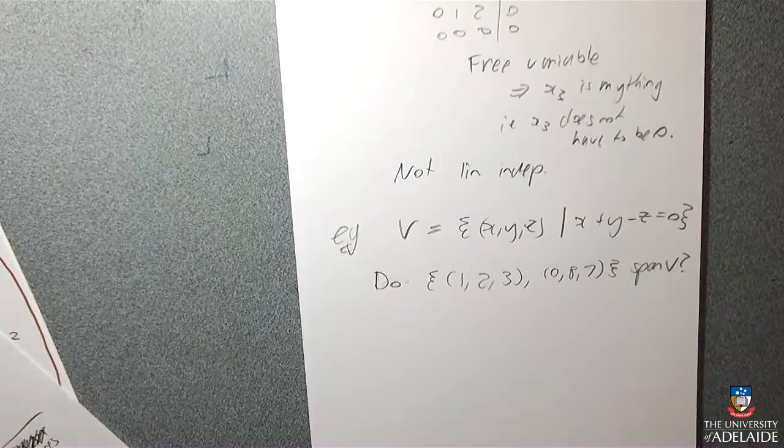You haven't proved that in Maths 1A, that's in Maths 1B, but we'll be fine. So do they span V? So that means that they need to be linearly independent. I could ask if they're a basis for V as well, but let's ask if they span V. Well, the first question is, in order to span V, they would have to be in V.